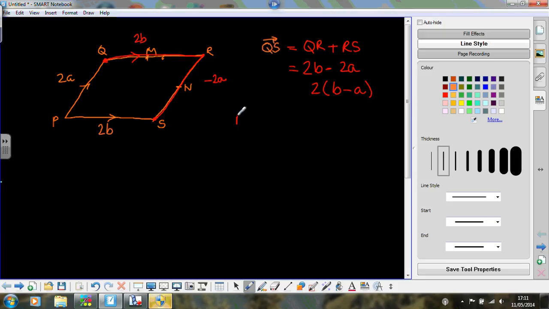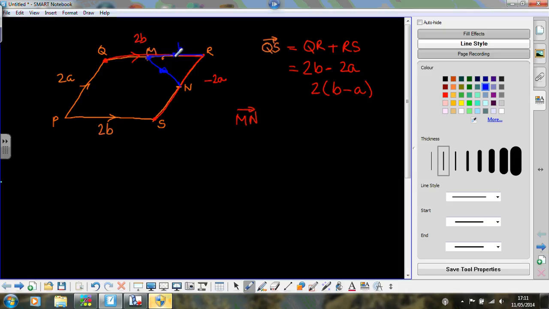Now the next part of the question asks you to find MN. That's a little bit more tricky because we're going from the midpoint here to N here. But we have to travel along things that we know. So we know that this part here is half of QR. So we know that this is b.